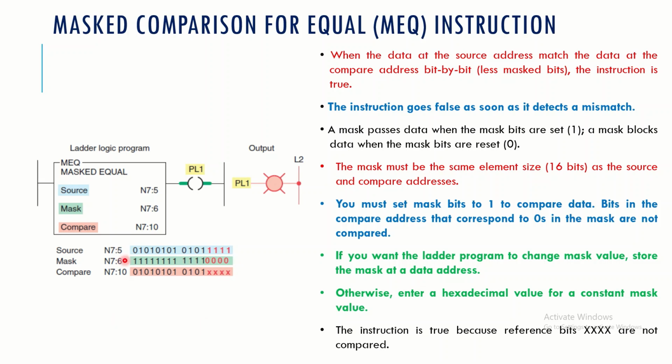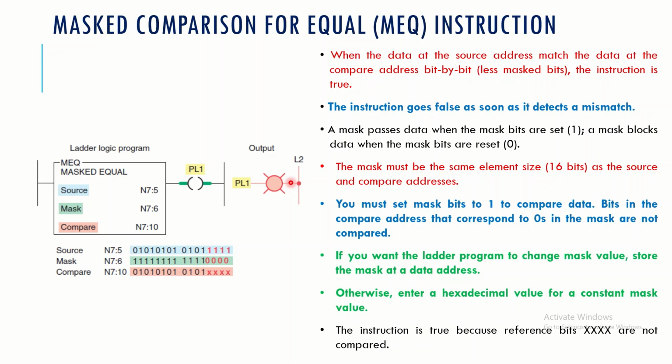Alright. Now you see in this case, this output is true. Why? Because at the 0000 condition we have not checked it, and for all conditions of the mask where it is 1, the source and the compare bits are exactly the same. That's why the output is activated.